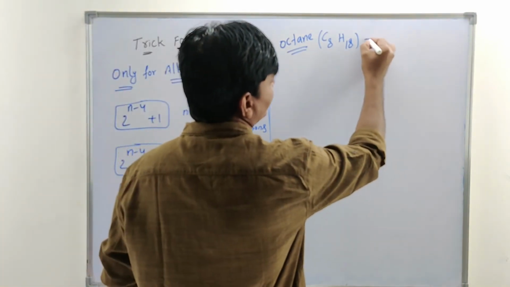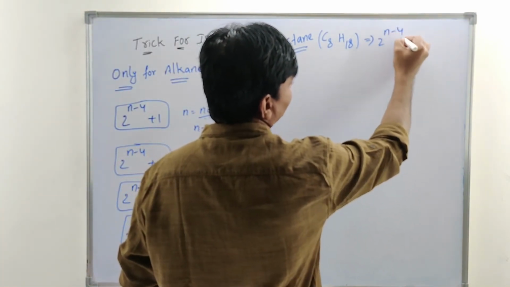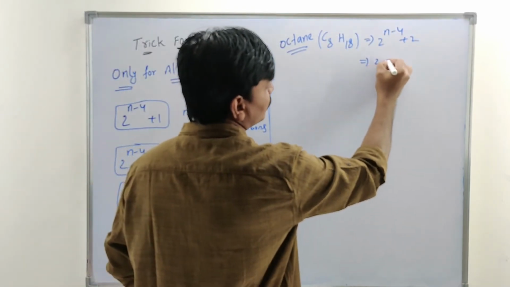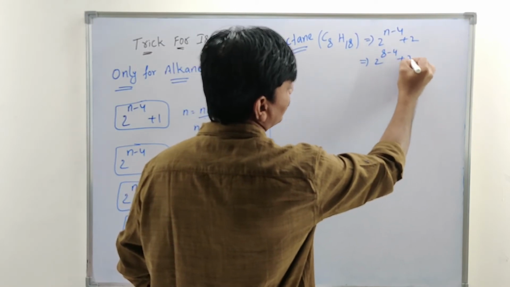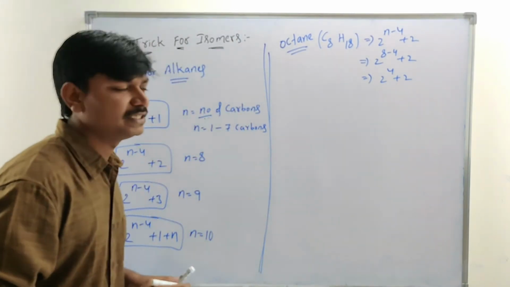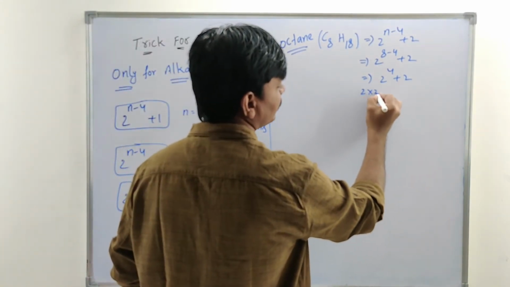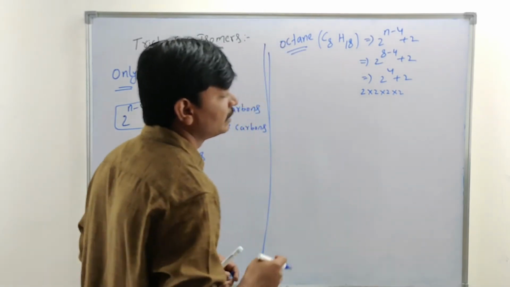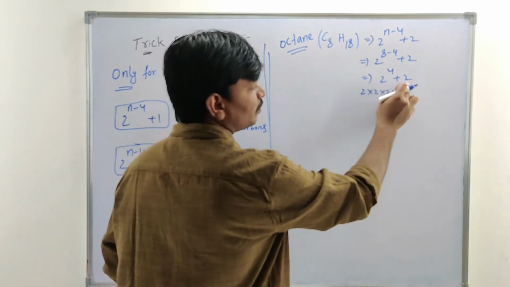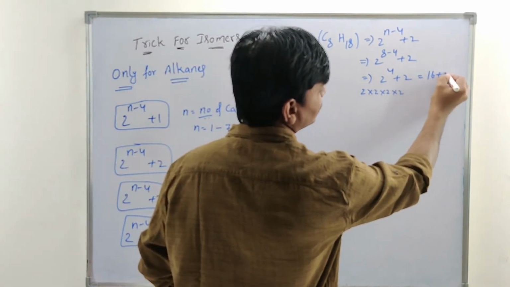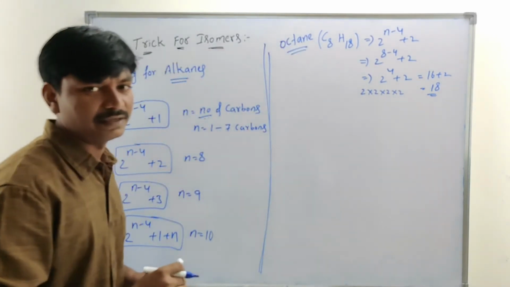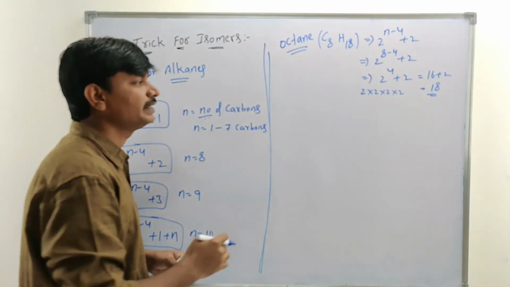Here n equals 8, so 2 power of 8 minus 4 plus 2, that's 2 power of 4 plus 2. 2 power of 4 means 2 into 2 into 2 into 2: 2 2s are 4, 4 2s are 8, 8 2s are 16. 16 plus 2, total 18 isomers for octane.